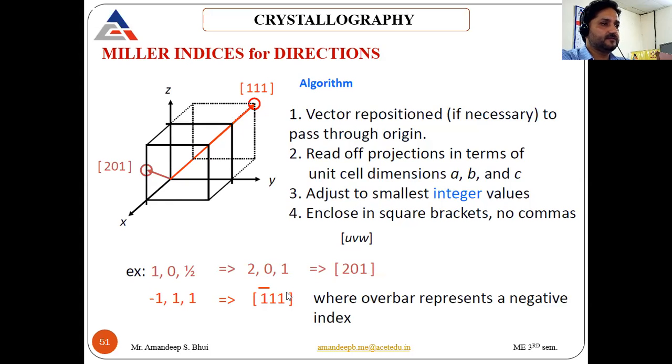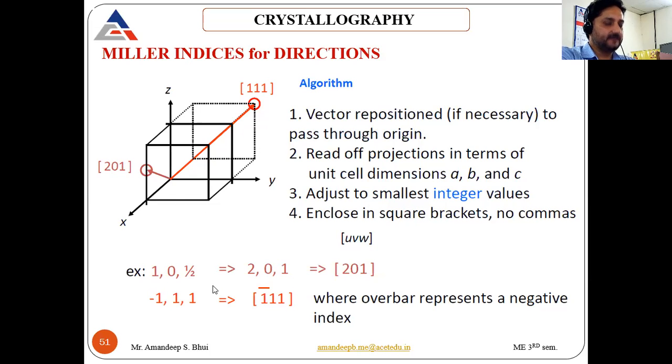Now we will take the LCM of this, which is 2, so we multiply these values by 2. 2 multiplied by 1 is 2, 2 multiplied by 0 is 0, and 2 multiplied by 1 by 2 is 1. So the Miller index for this vector will be 2, 0, 1.